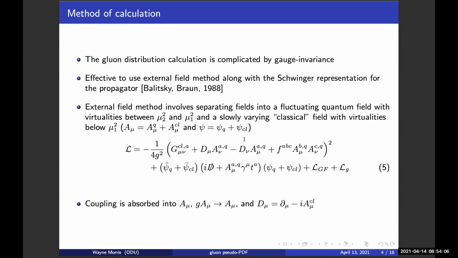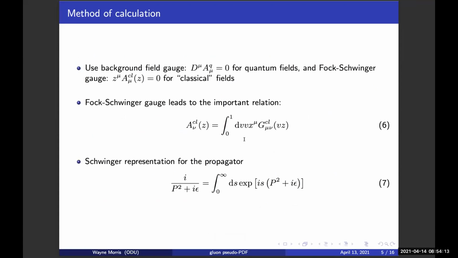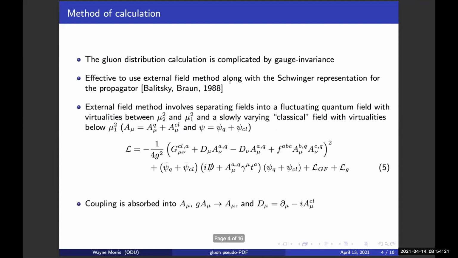The idea being that we want to use that definition for the covariant derivative and in our definition of the gauge, the background field gauge here. I see. Thank you.